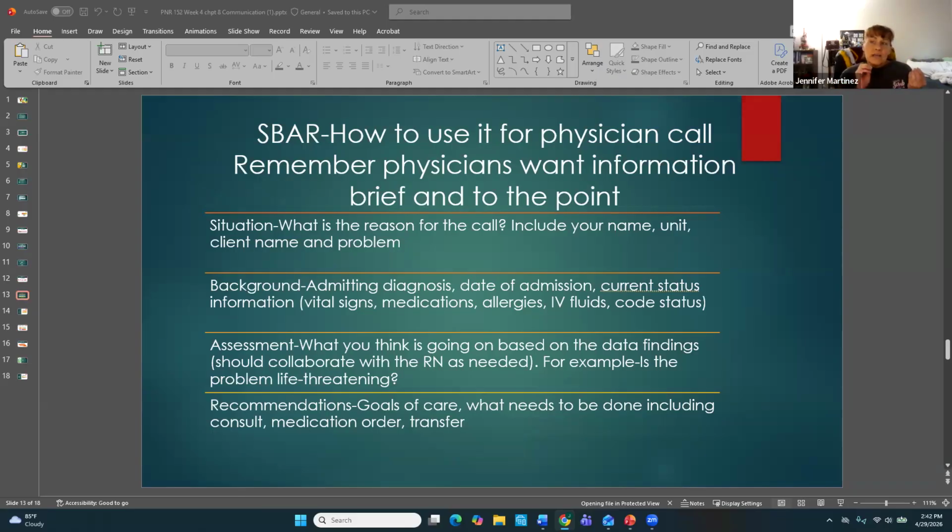It's the same as BAR, however, the information that we're going to provide in both of them is going to be a little bit different. So if I'm using it for a physician's call, I'm going to get my handy dandy phone and call the physician and say, all right, Dr. Jones, hi, my name is Jennifer.